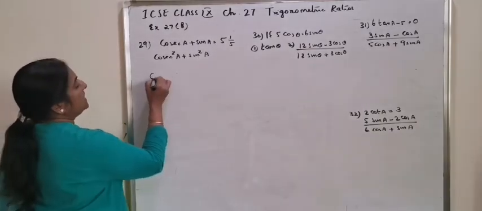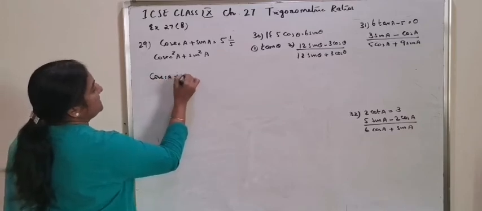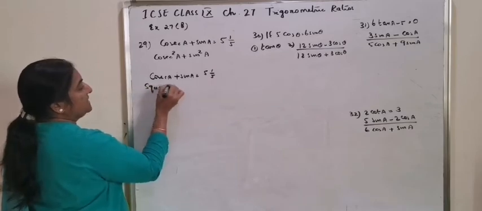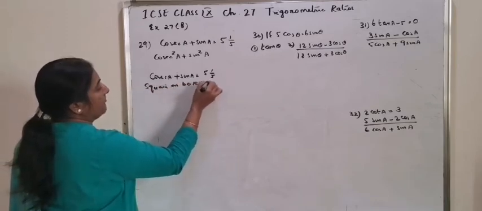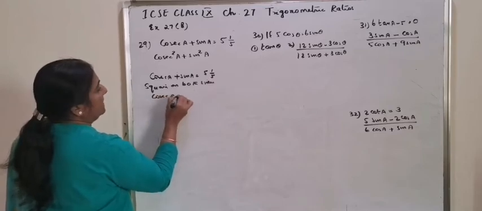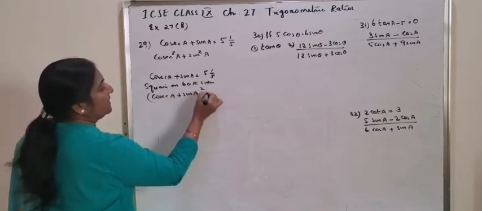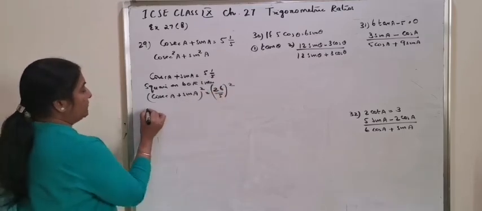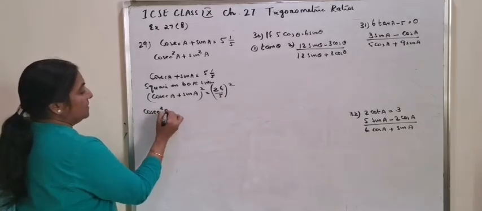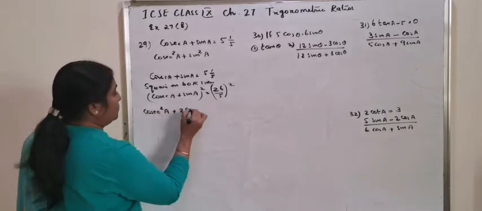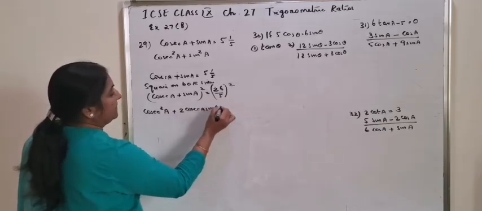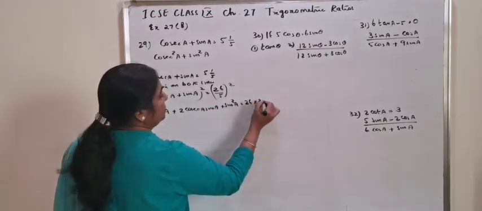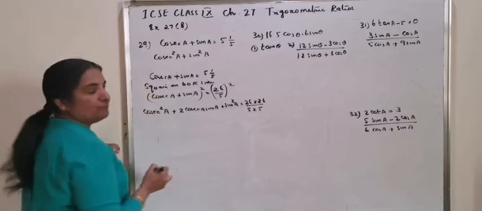That is, cosec A plus sin A is the same as 5 and 1 by 5, which is 26 by 5. Squaring on both sides, cosec A plus sin A the whole square is equal to 26 by 5 the whole square. If you expand (a plus b) whole square, cosec square A plus 2 cosec A sin A plus sin square A is equal to 26 into 26 by 5 into 5.